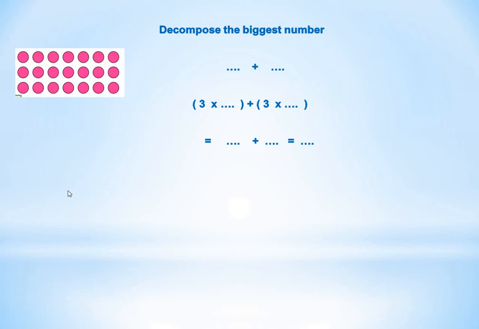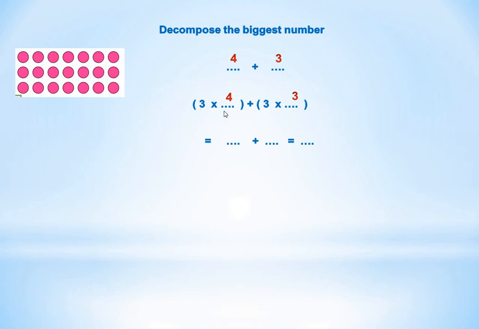So we will decompose number 7 into two parts, like 1 plus 6, or 2 plus 5, or 3 plus 4, or 4 plus 3, and so on. So we will decompose number 7 into 4 plus what? Excellent, 4 plus 3. 3 never changes.